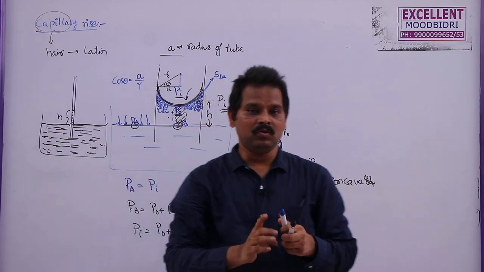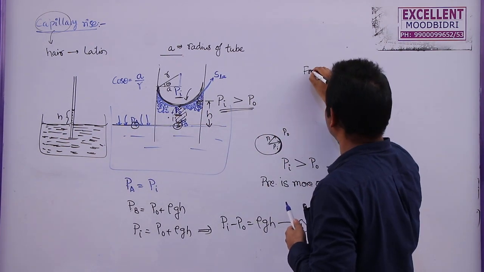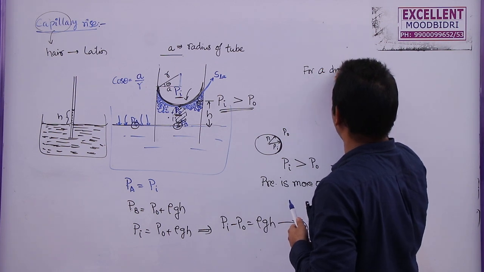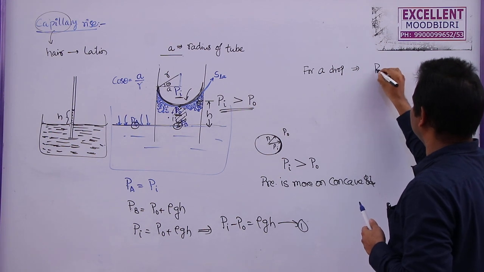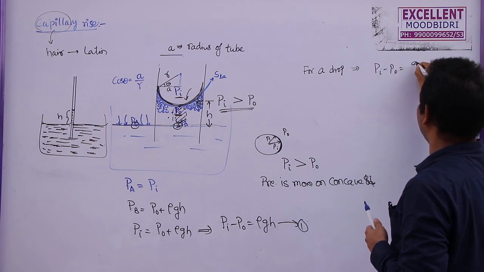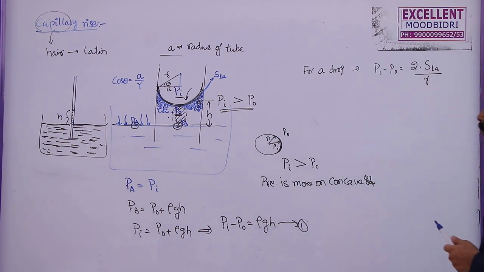Now we know that for any drop, whether it is a liquid drop or an air drop, the pressure difference is given by 2 times S_L by R, where R is the radius of this drop.